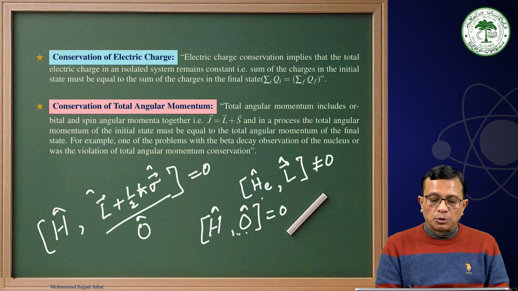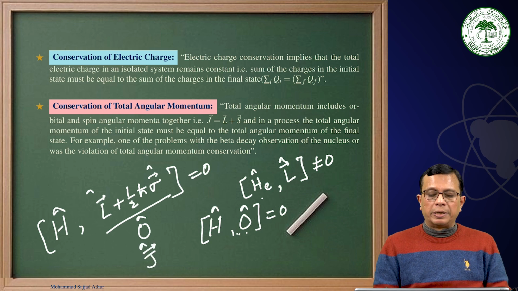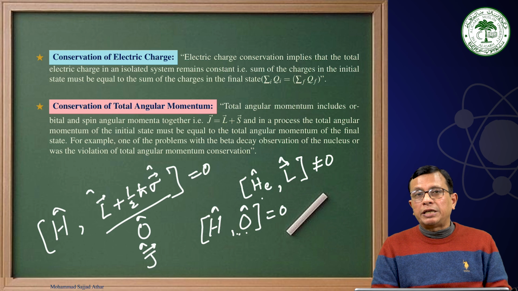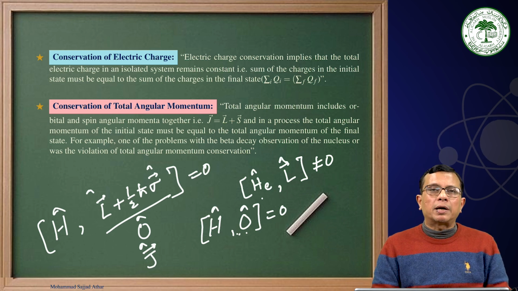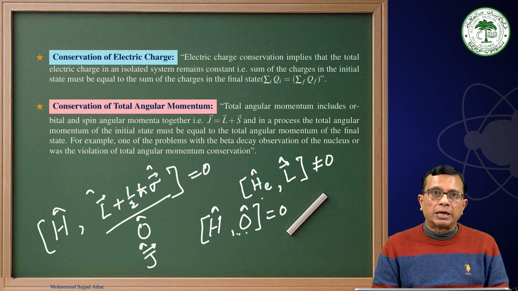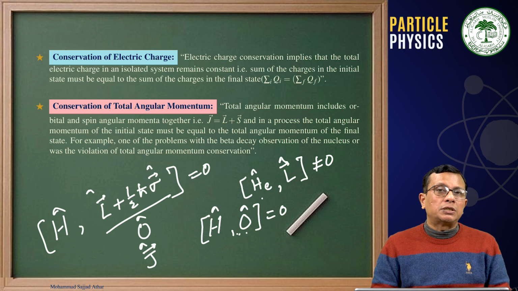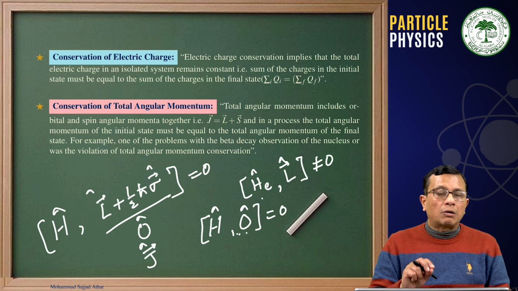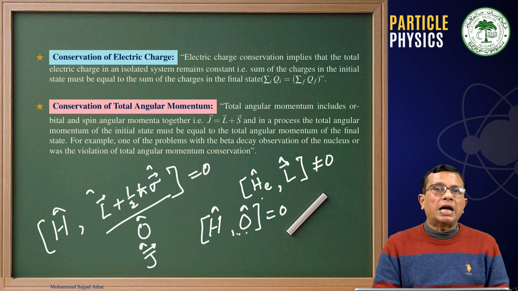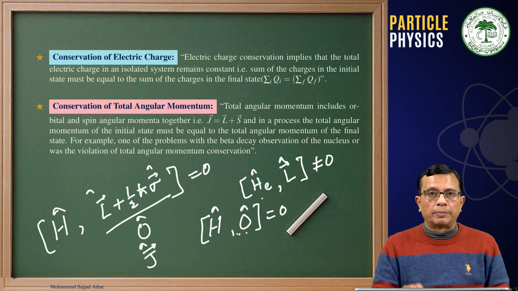And this constitutes the total angular momentum operator. Therefore, it is not that orbital angular momentum independently commutes with the Hamiltonian, or that the spin angular momentum operator commutes independently with the Hamiltonian. It is only the total angular momentum operator that commutes with the Hamiltonian operator, and therefore the quantum number associated with the total angular momentum operator will be a conserved quantum number.